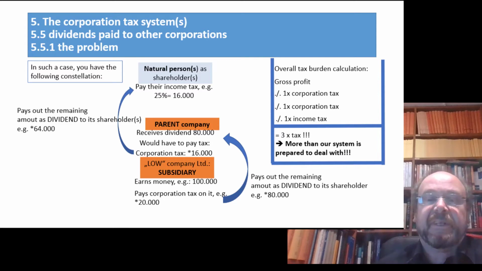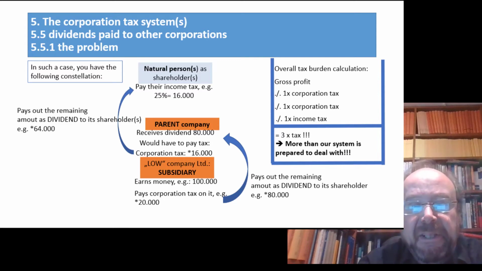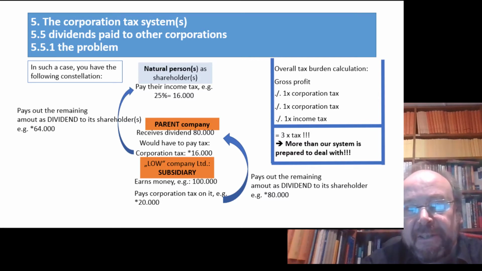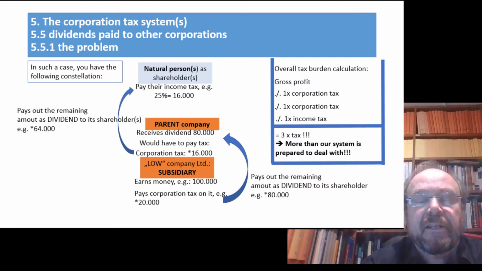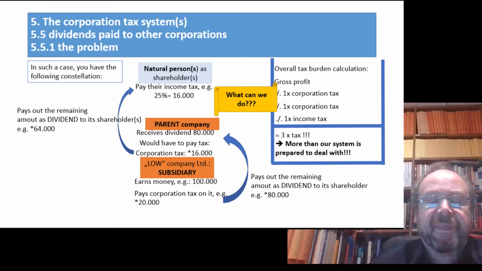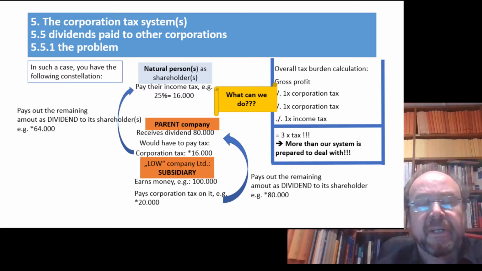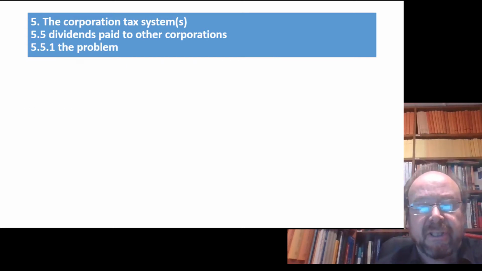That is more than our system was prepared to deal with, because our regular idea was always we have a corporation tax and we have an income tax on the dividend, and nothing more was ever taken into account. So what can we do here? Because here you see that is a distortion which the system was not prepared to deal with. So we have to look for a special solution here.